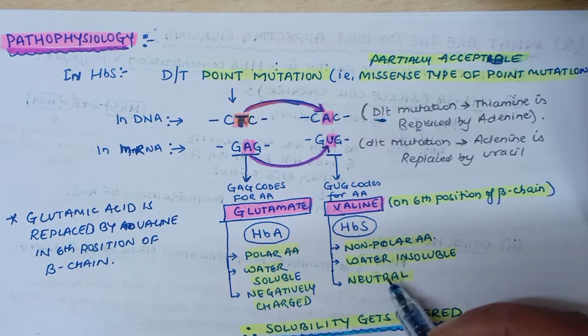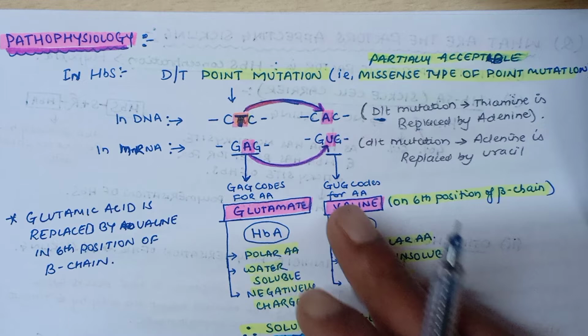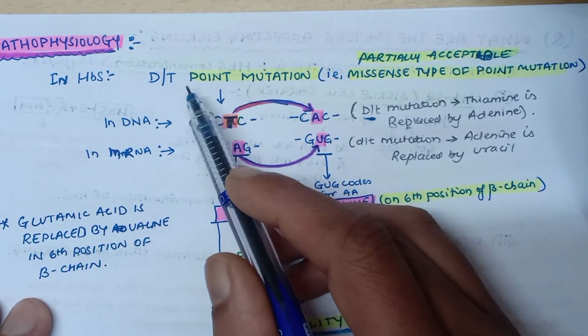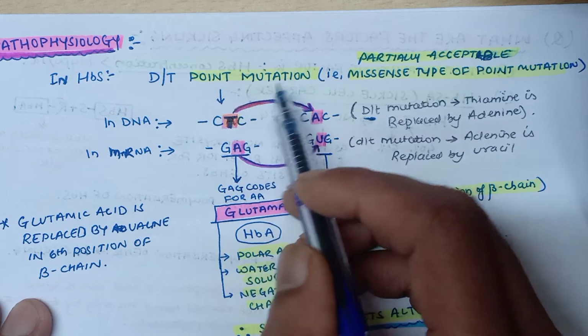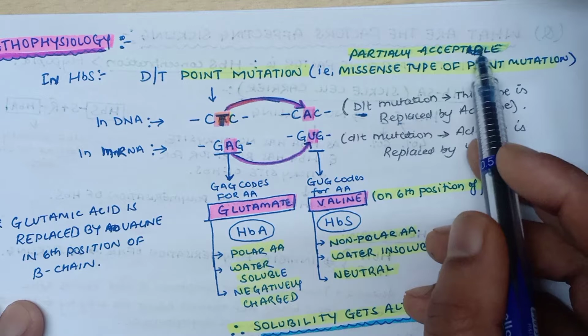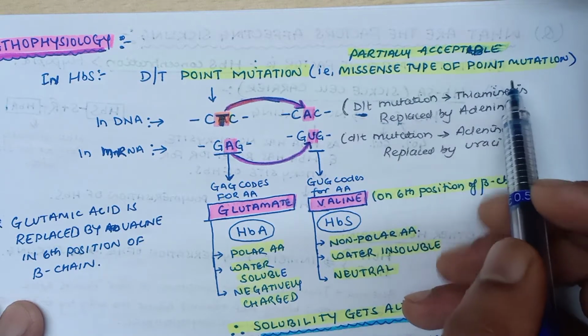Now we will discuss the pathophysiology of sickle cell anemia. In sickle cell anemia, there is a point mutation. What kind of point mutation? It is a missense type of point mutation.